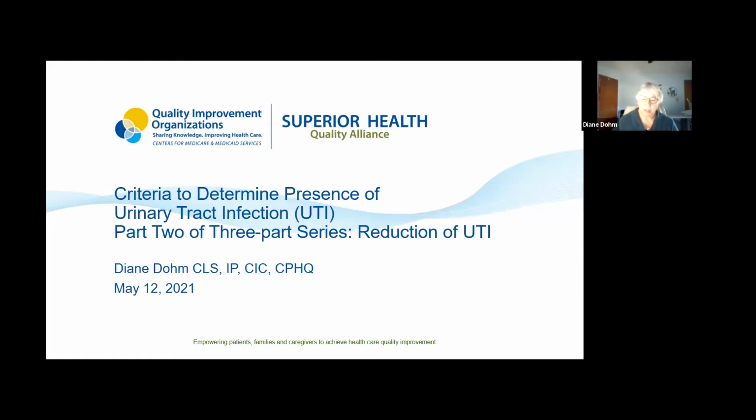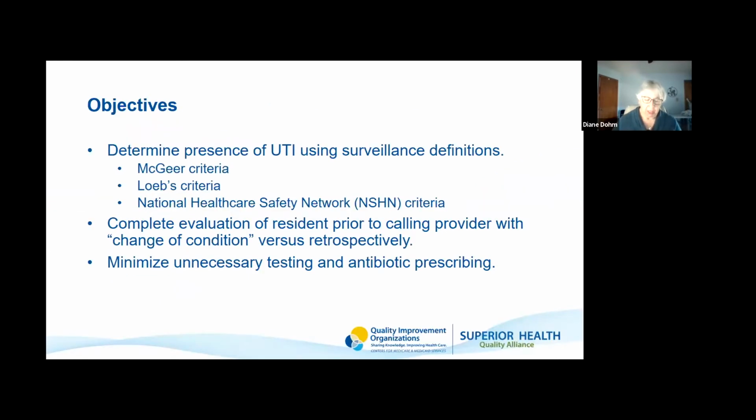Thank you, Tracy, and thank you everyone for joining us today. Today's webinar, Criteria to Determine Presence of Urinary Tract Infection. This is part 2 in the 3-part series on reduction of UTI. Today, we're going to discuss the various surveillance definitions that are used in long-term care to determine the presence of UTI, including McGeer's, Loeb's, as well as the National Healthcare Safety Network, or NHSN, criteria.